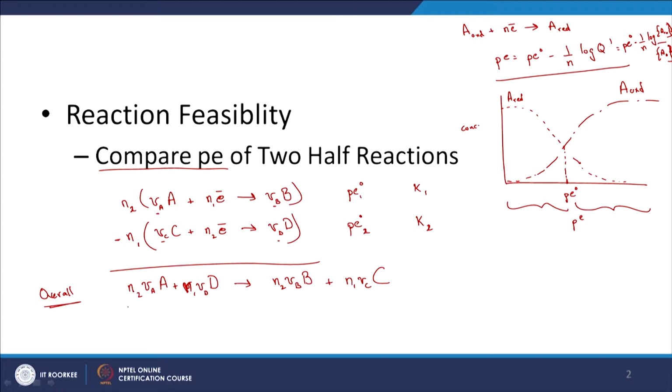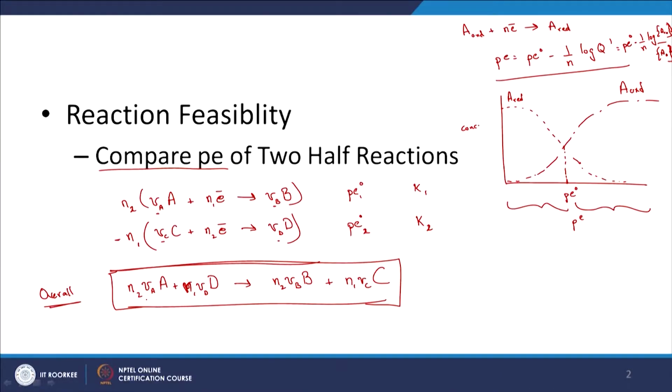So, this is my overall reaction now, and I need to be able to understand this particular system. So, let me also write down P1 and P2 values here. P1 is going to be equal to what now for the unmodified half reactions?